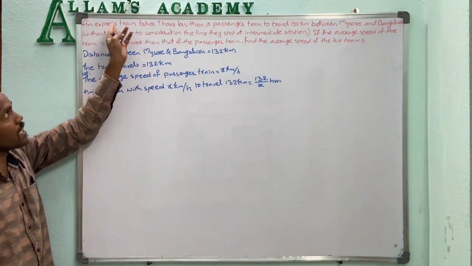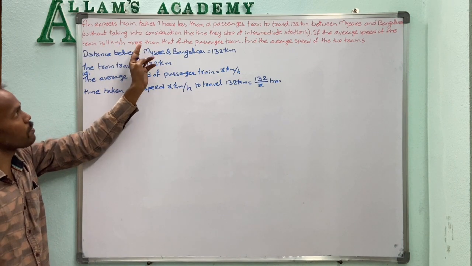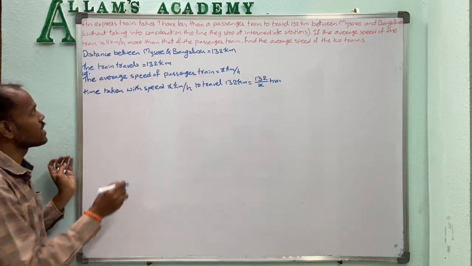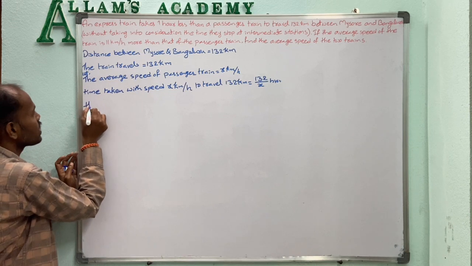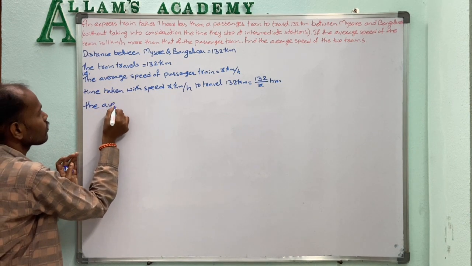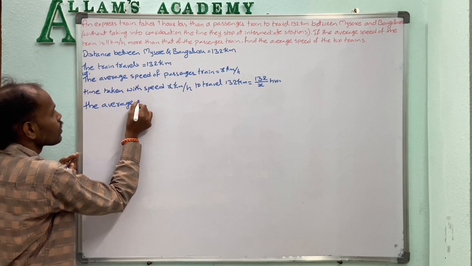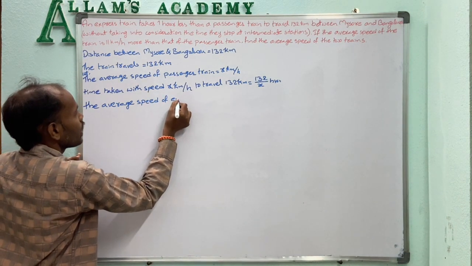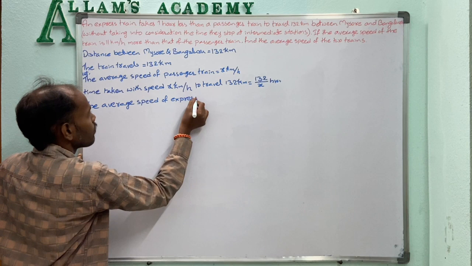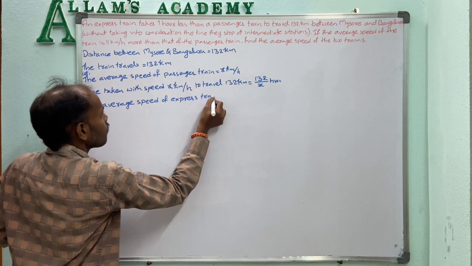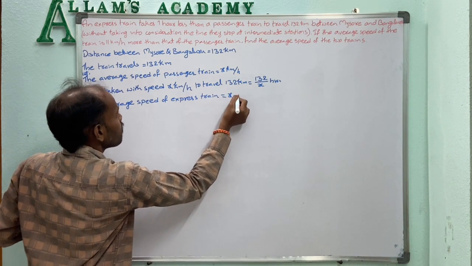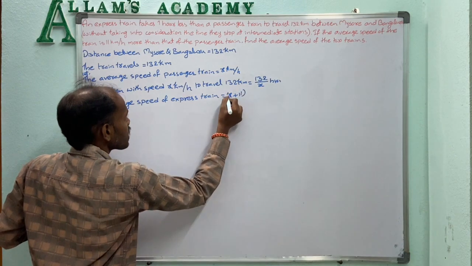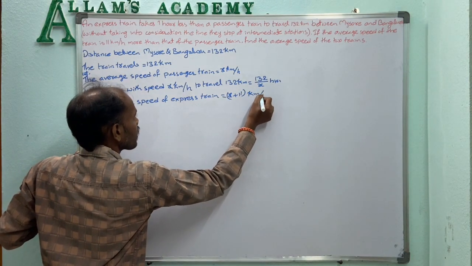Next, the express train speed is 11 kilometers per hour more than the passenger train. So the average speed of the express train equals x plus 11 kilometers per hour.